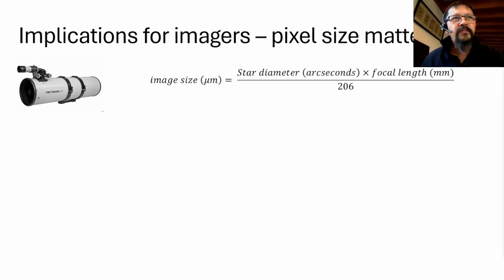So let's do the calculation for one of my telescopes. I have a telescope here. This is an 8-inch f5. My focal length for this particular telescope is 1,000 millimeters. So I'll put in 1,000 there.